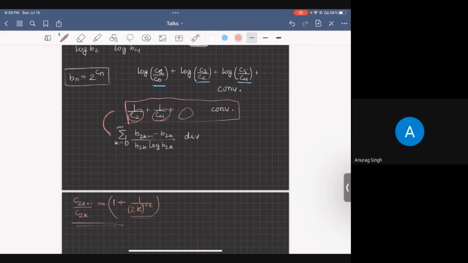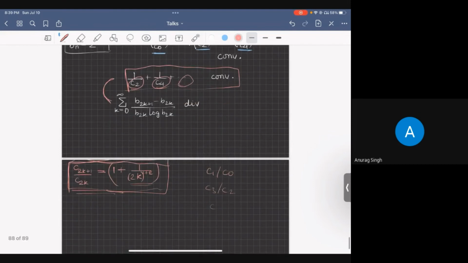This is not affected, because this just tells you this ratio for independent things. Like this just tells you C1 by C0, C3 by C2, etc. I can still take C0, C2, C4 to be anything I want, and then manage the odd terms according to this.